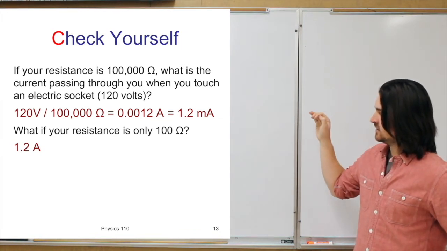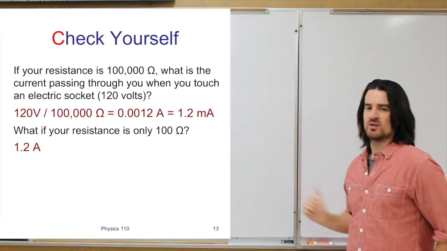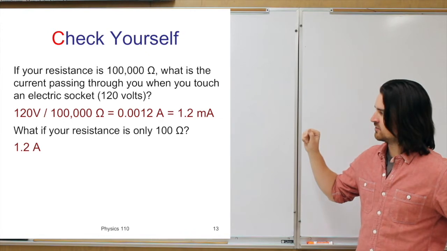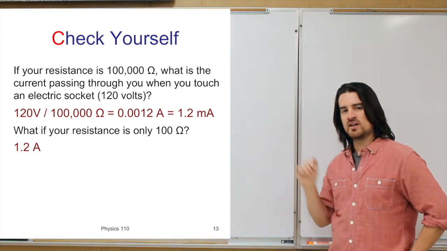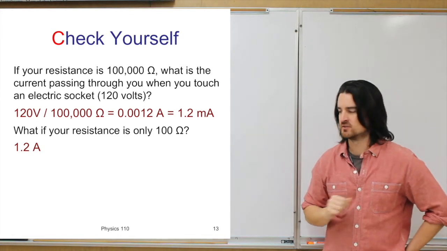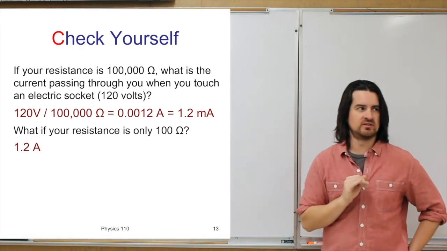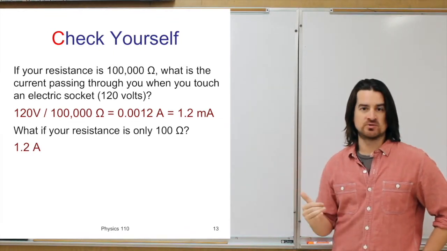However, if for some reason your skin's resistance dropped down to 100 ohms, you do that same calculation and find that 1.2 amps of current are going to flow out of that outlet and through your body. And that's well above the region that is going to be dangerous. So it'll probably kill you.